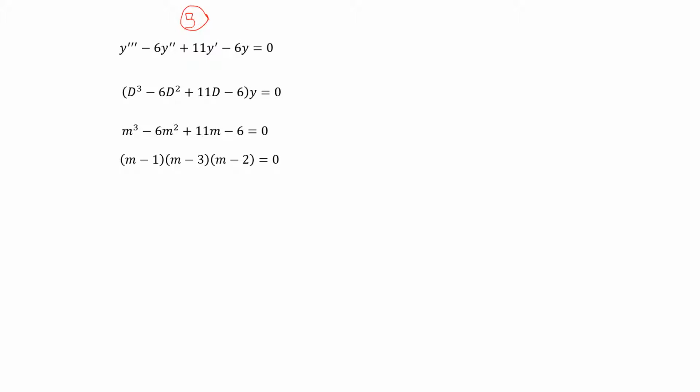Now, if you want to review your synthetic division, it is like this. Write it as 1, negative 6, 11, and negative 6. Possible roots are factors of 6. You start with 1, and bring down 1. 1 times 1 is 1, add negative 6 plus 1 is negative 5.